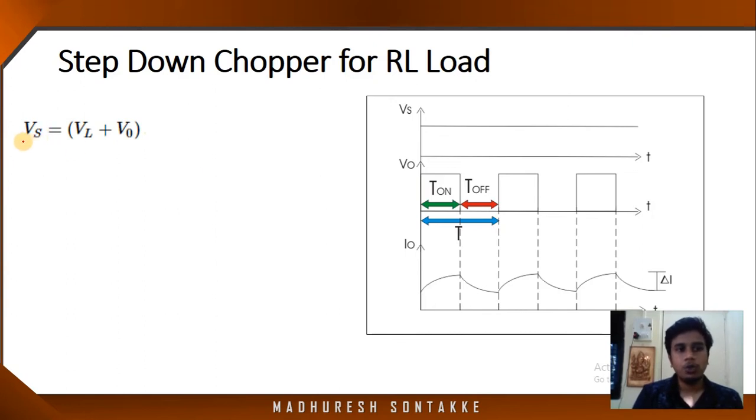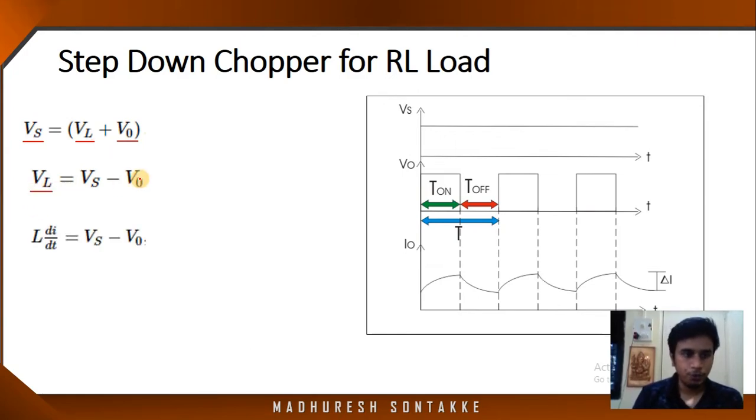Here, our total source voltage is equal to VL plus the output voltage, because your source voltage gets divided into two parts: the voltage across the inductor and the voltage across the load. So the inductor voltage is Vs minus V0, and if we elaborate this, it becomes L into di by dt.